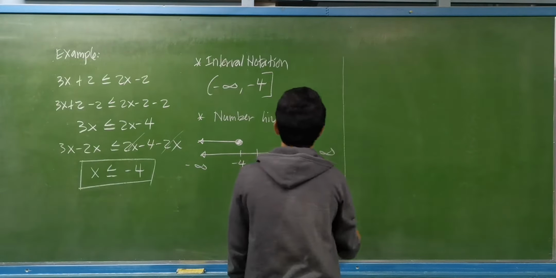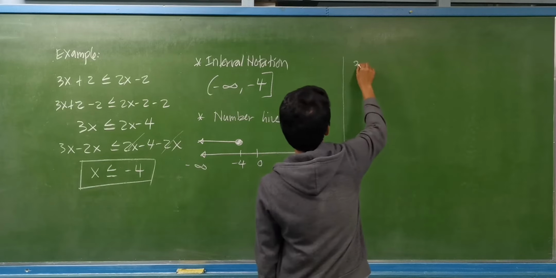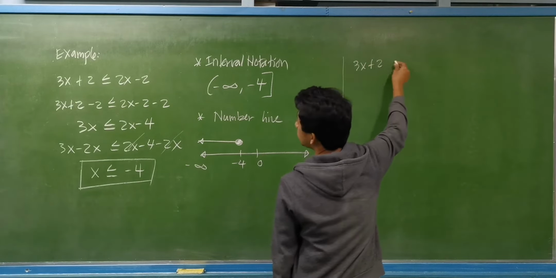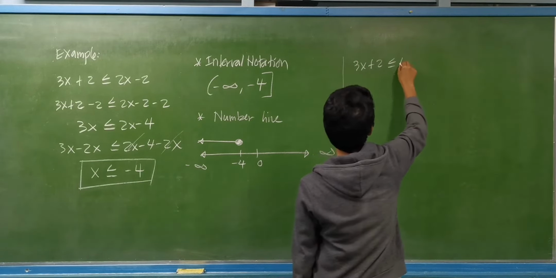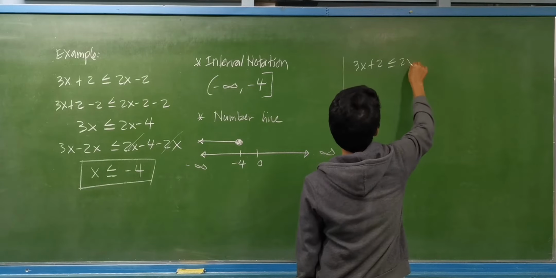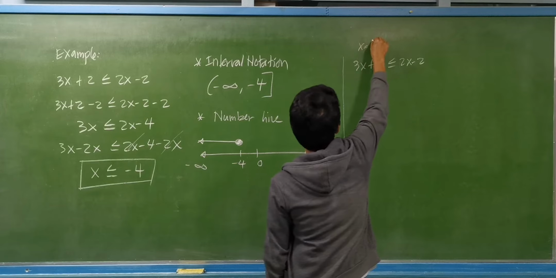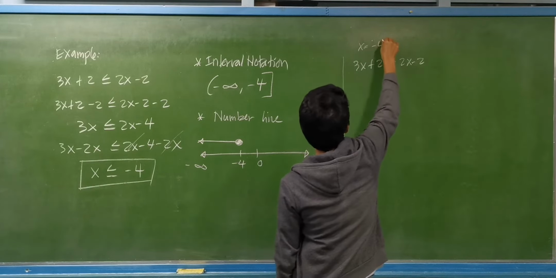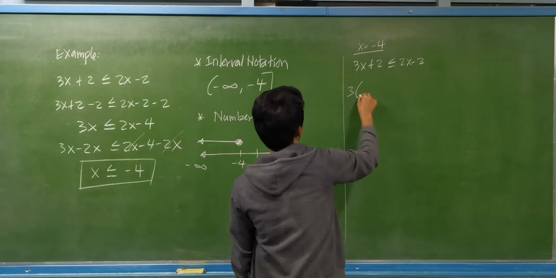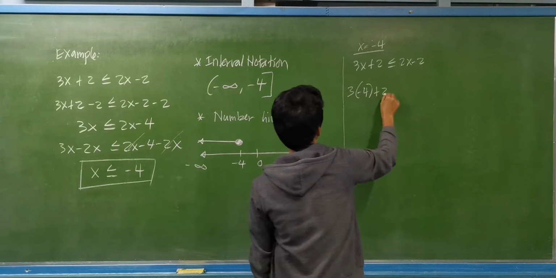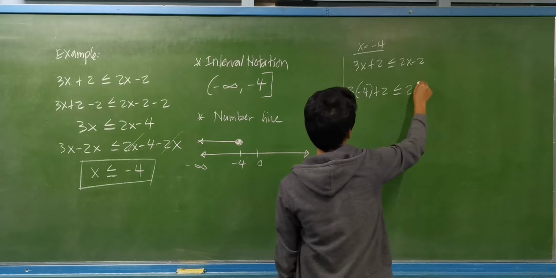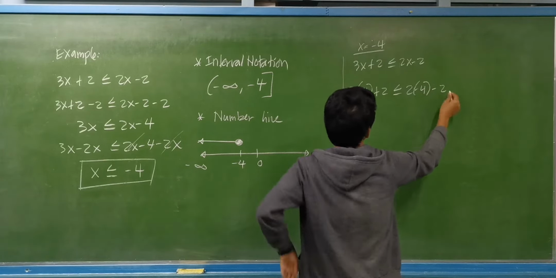So if you are to justify the inequality, this is 3x plus 2 less than or equal to 2x minus 2. So let's say x is equal to negative 4. So this is 3 times negative 4 plus 2. Is it less than or equal to 2 times negative 4 minus 2?